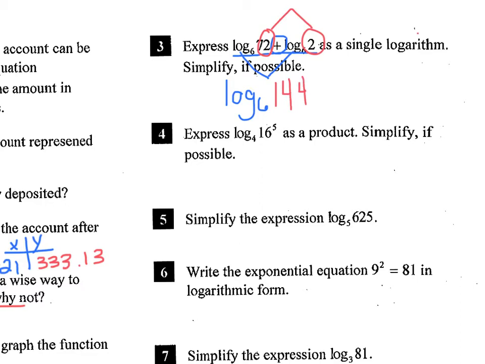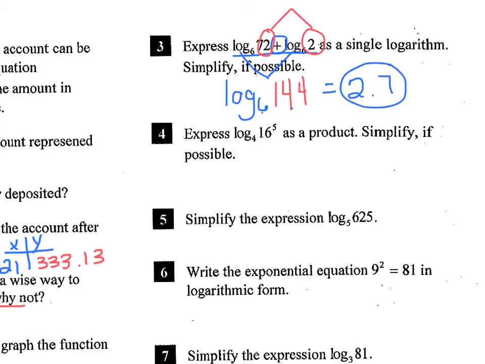So we did the first part, now it says simplify. Well, 6 to what power equals 144? If you can't figure it out, you could type math alpha math on your calculator, or you could take the log of 144 and divide it by the log of 6. You'll get a decimal. It's about 2.7.